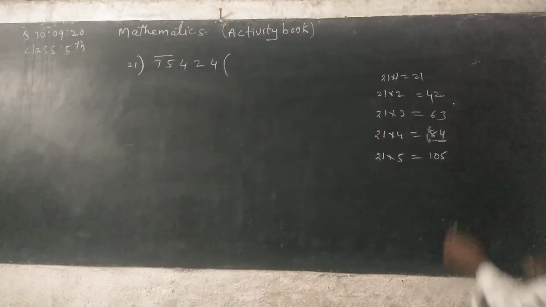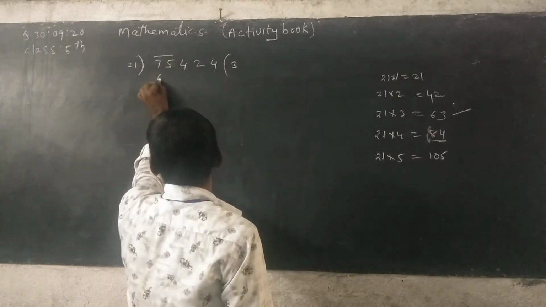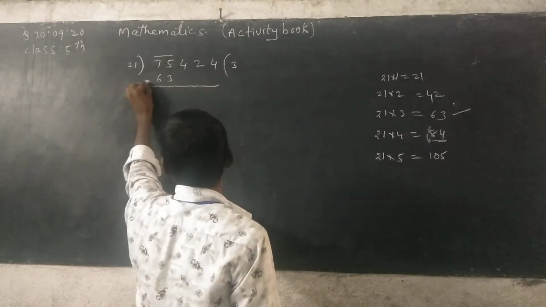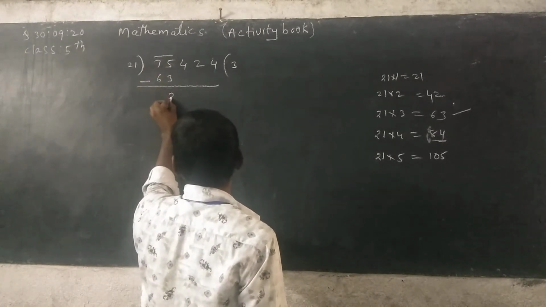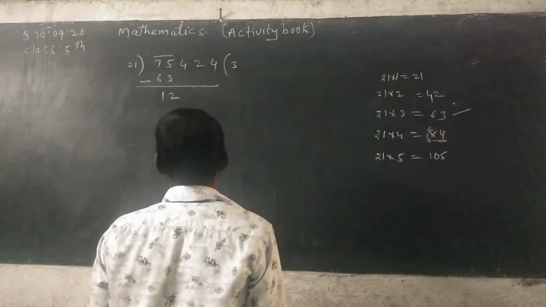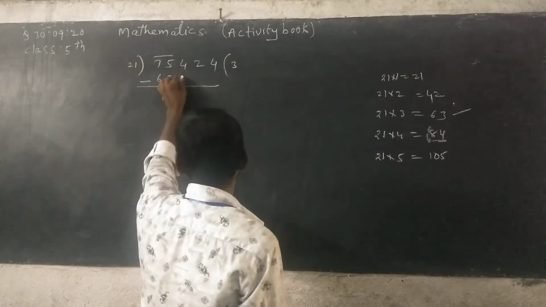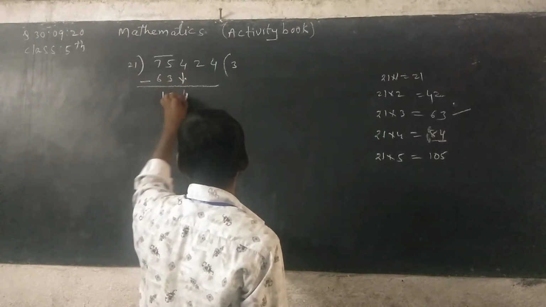Then you can take 21 threes are 63. See here, 5 minus 3, 2, 7 minus 6, 1. Then 12 is less than the divisor. So bring down 4 to the remainder.